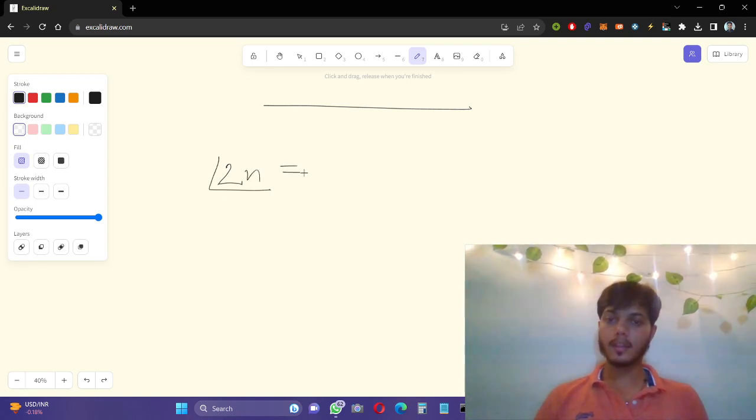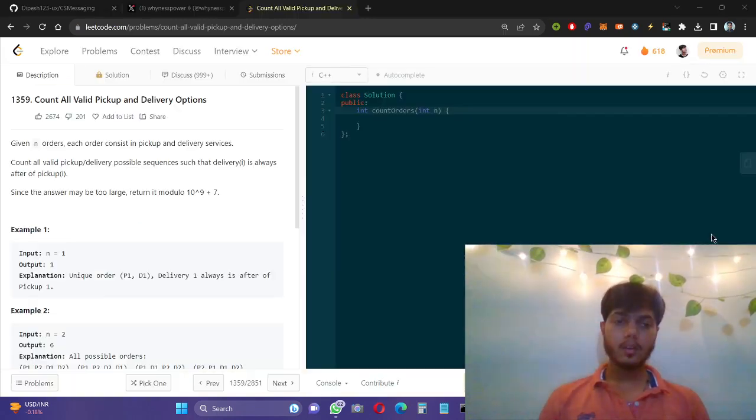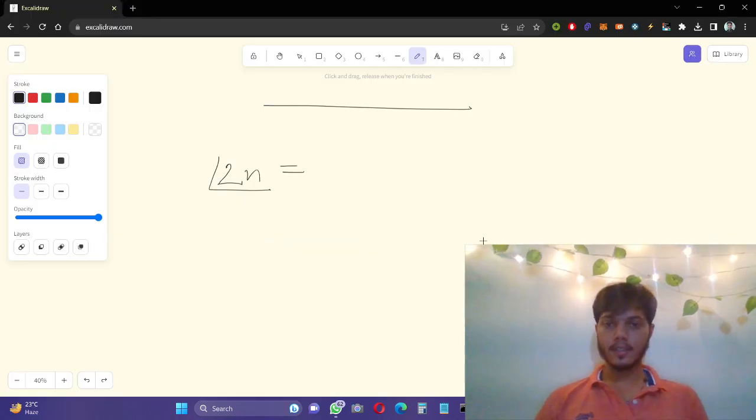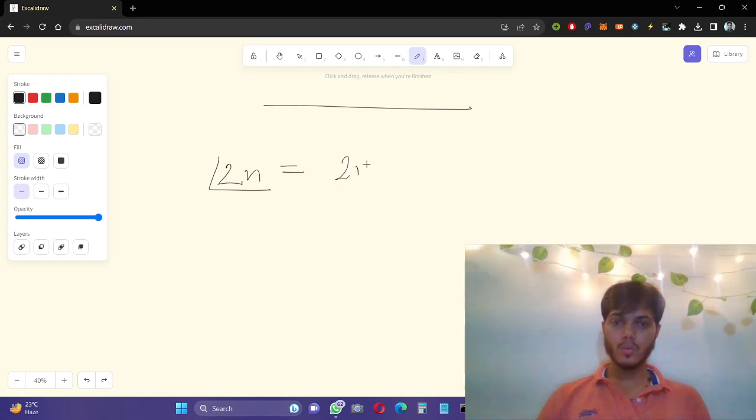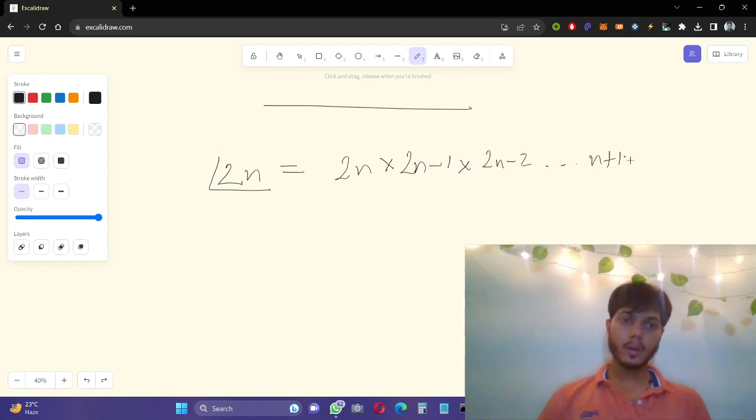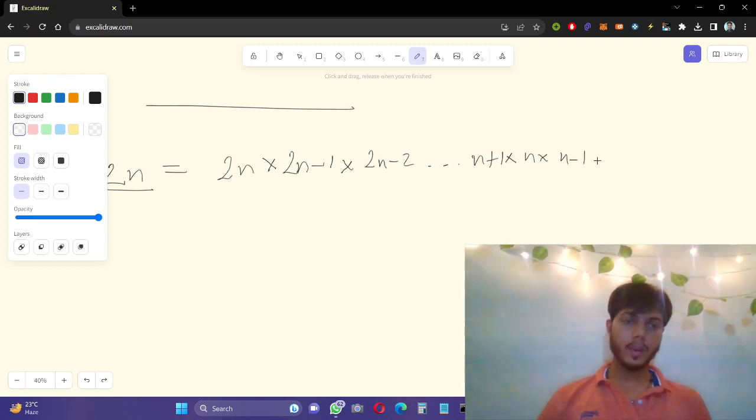It's written as 2n into 2n minus 1 into 2n minus 2, all the way till n plus 1, into n into n minus 1, all the way till 2 into 1. So this is what 2n factorial looks like, right?